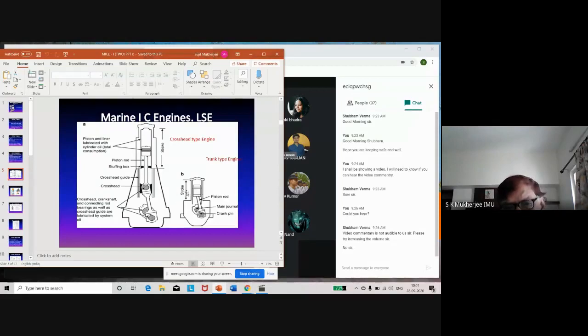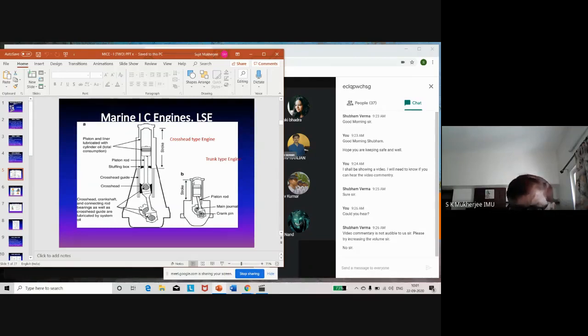So this transverse thrust is called the lateral force, and it is the reason for oval wear of the cylinder liner. When the liner wears down and you measure the bore, you will find the port, starboard, and forward-aft directions have different readings. It does not wear down in a uniform circular mode. So that is your trunk type of engine.